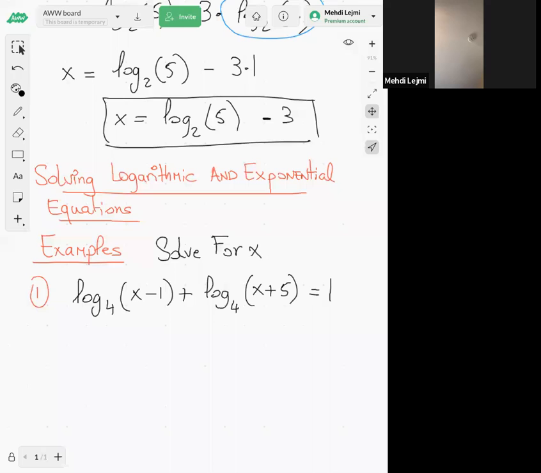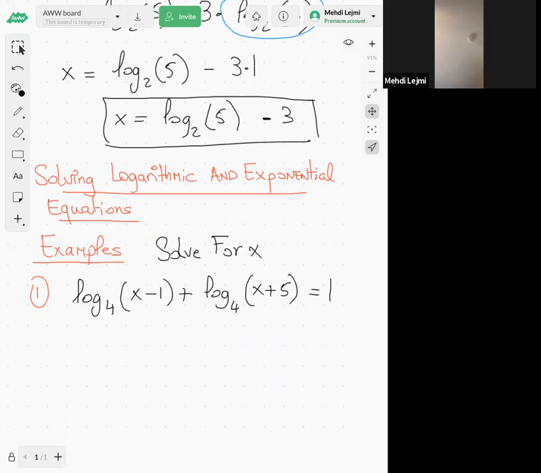This is a logarithmic equation because we have logs in the equation. In general, if you have a log in an equation and you want to solve for x, the idea is to apply the exponential. But the problem here is that we don't have only one log, we have 2 logs.